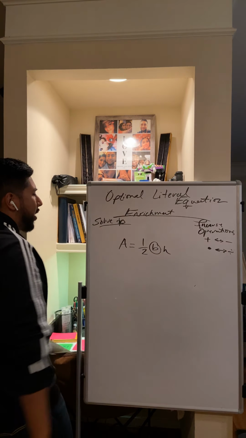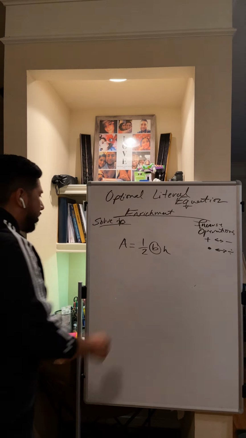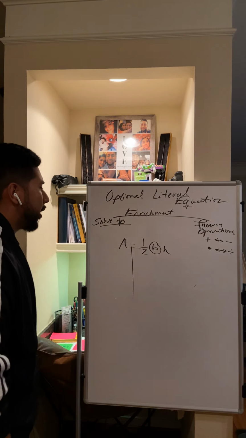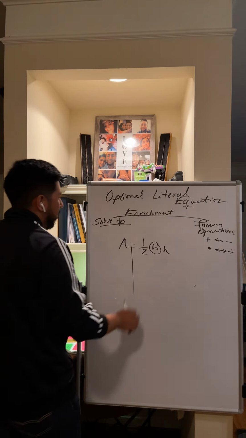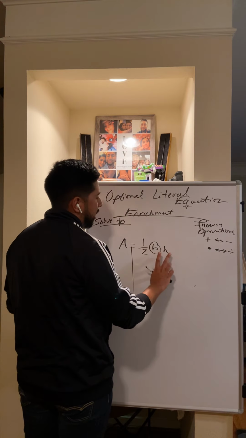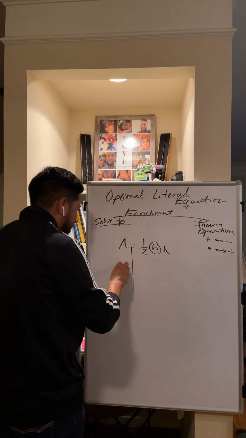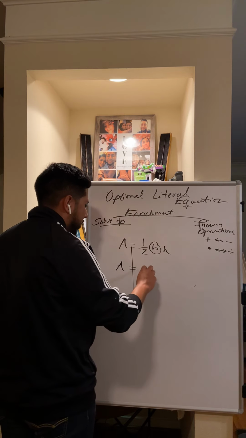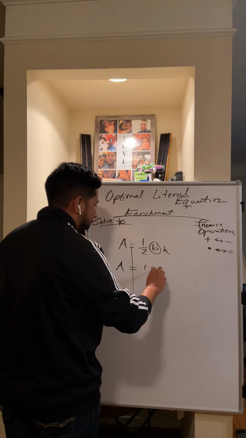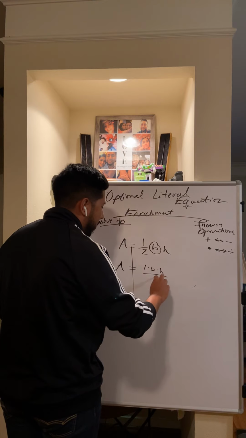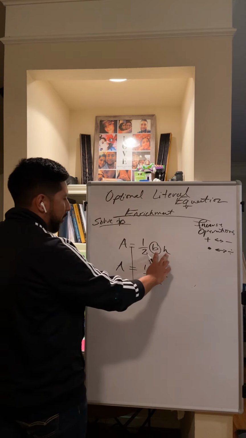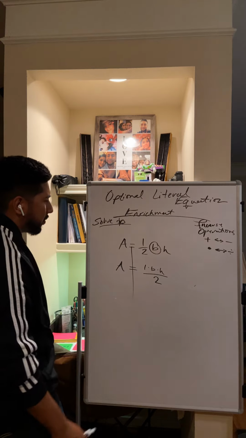So I want the b by itself. First, do your border. Next, I just told you that this fraction is basically saying that these two variables can come upstairs. Let's rewrite it. Area equals 1 times b times h over 2. That's all I did. I moved these two variables upstairs.